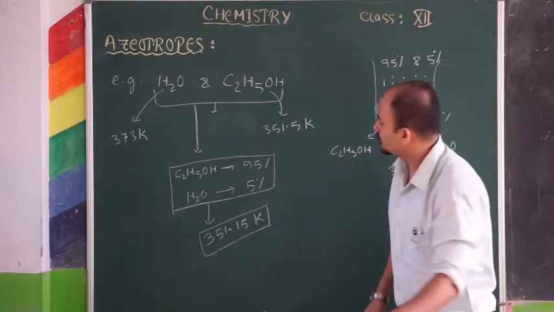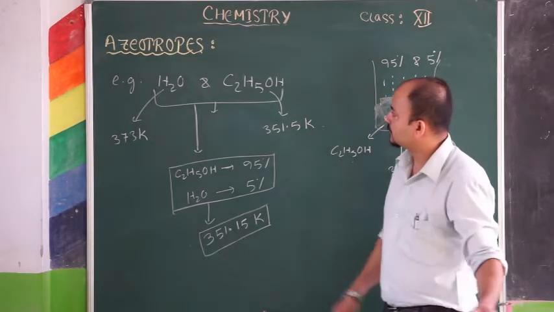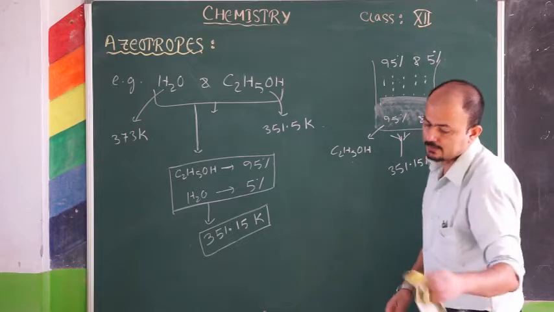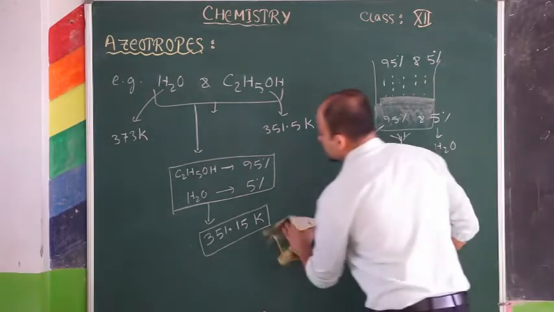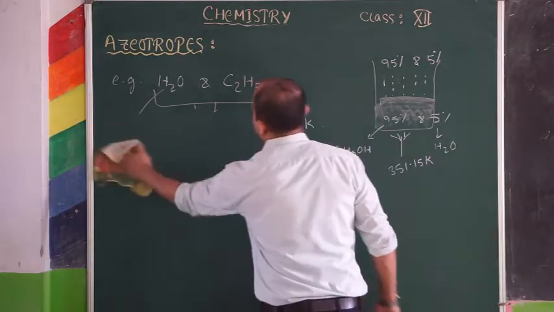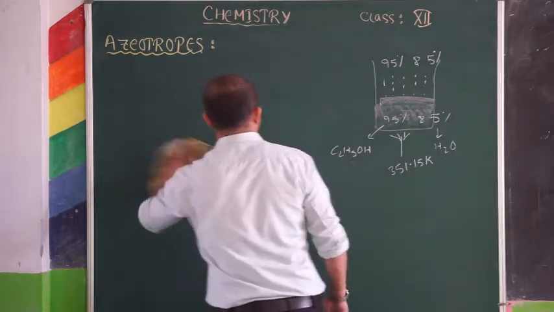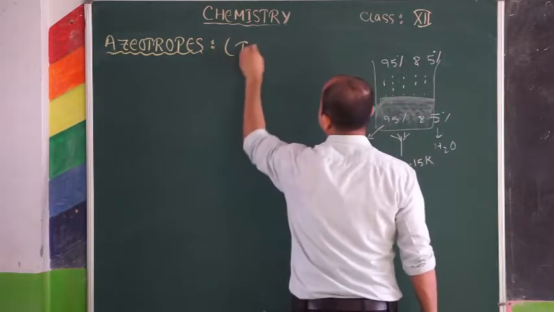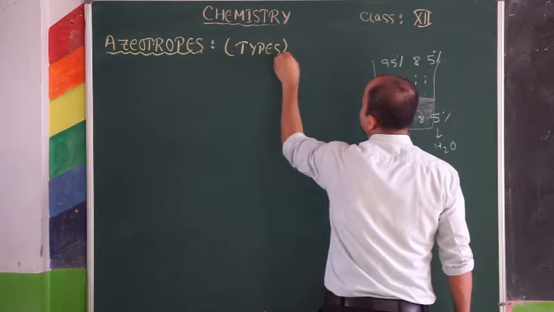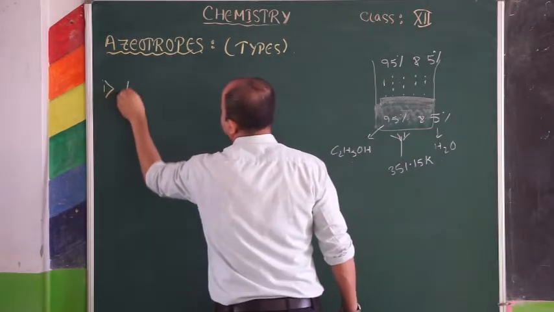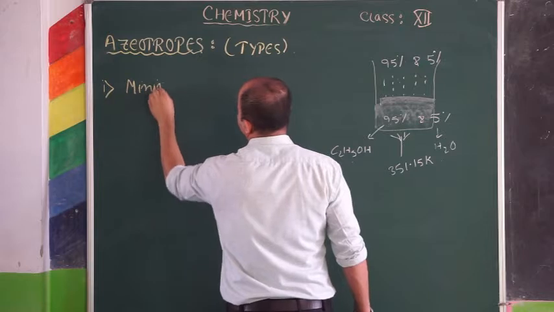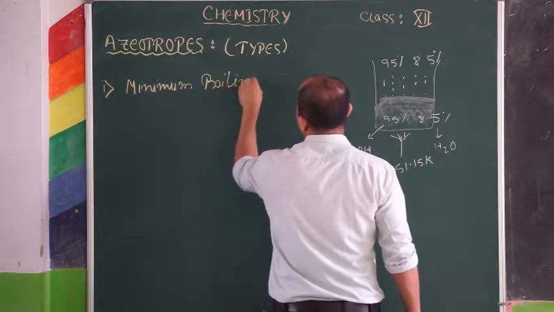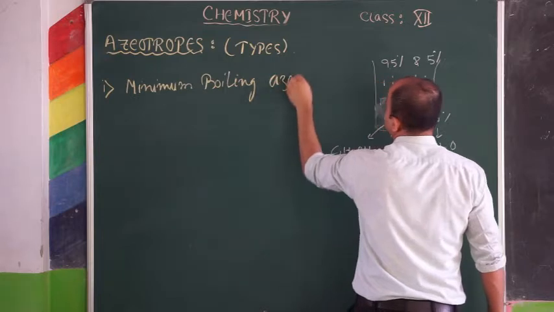Now let's discuss types of azeotropes. Mainly we have two types: minimum boiling azeotropes and maximum boiling azeotropes. The first one is minimum boiling azeotropes.